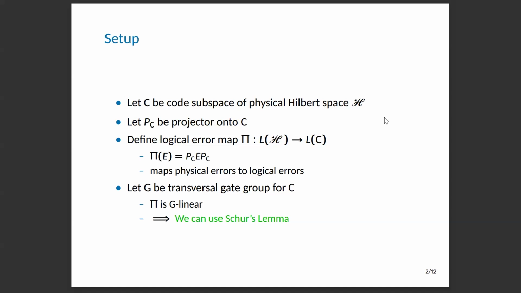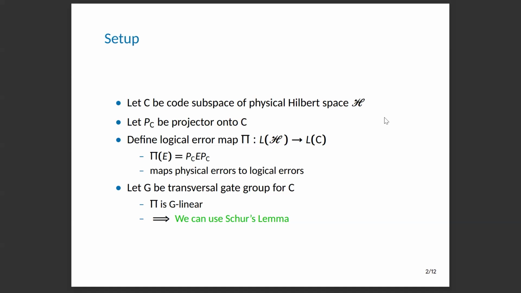It could be mapping your logical space to something that's totally orthogonal to your logical space, in which case it's easily detectable. Or it could be doing something very, very nasty where it takes your logical space and it maps it right back onto your logical space, but kind of like flipped upside down or twisted or whatever. And that's a logical error. And we don't want that. So this is a nice way to think about how physical errors relate to logical errors mathematically.